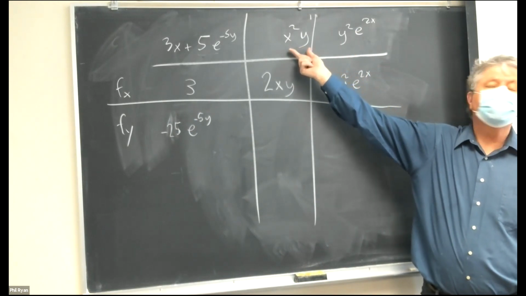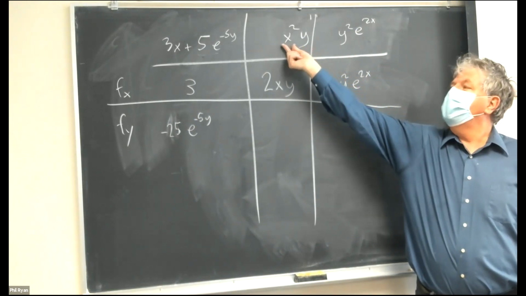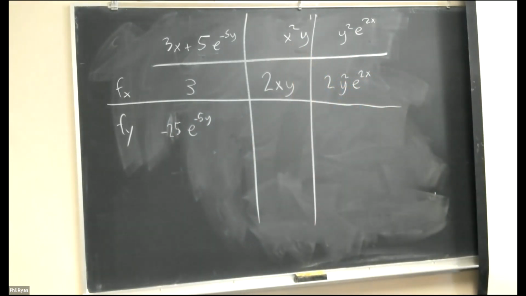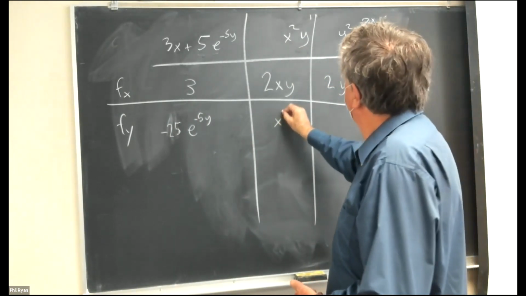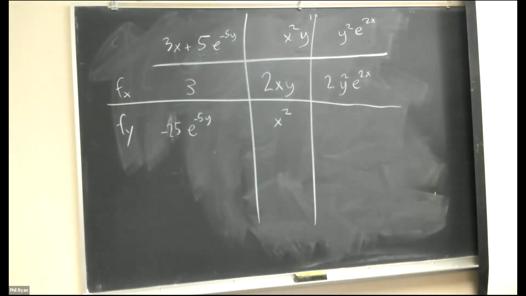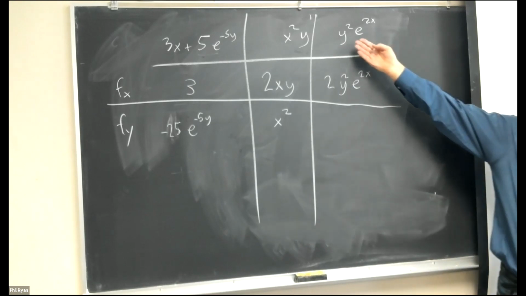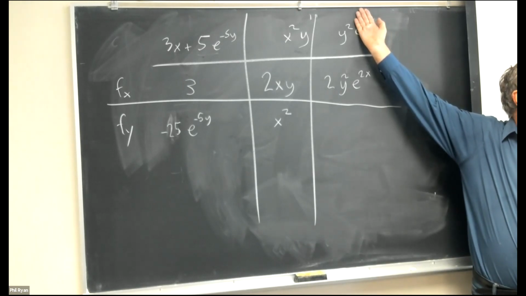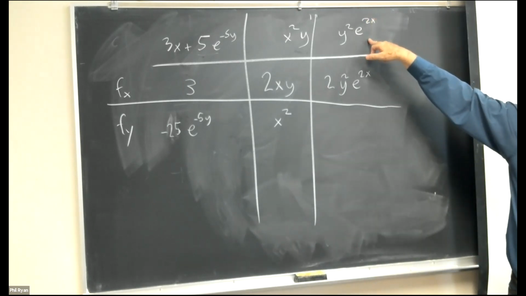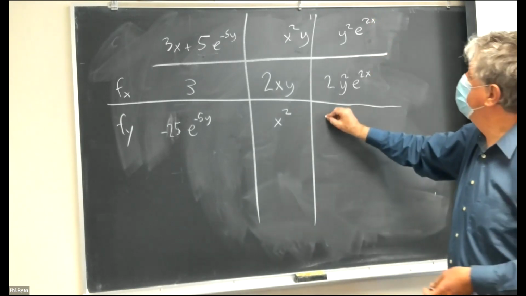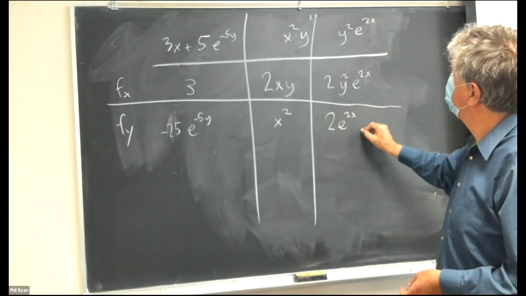So the x squared is a constant. So this is like, what is the derivative of a constant times y? Just x squared. What about this guy? With respect to y. What's the derivative of y squared? 2y. This is just a constant in front of it. So it's 2e to the 2x times y.